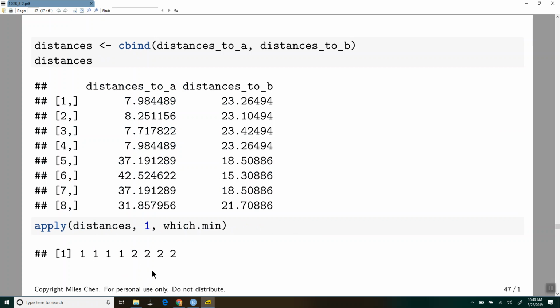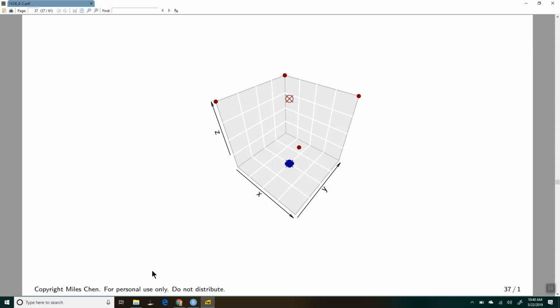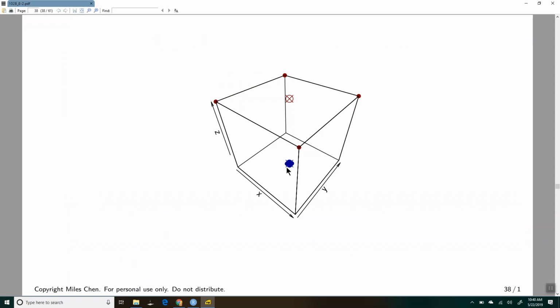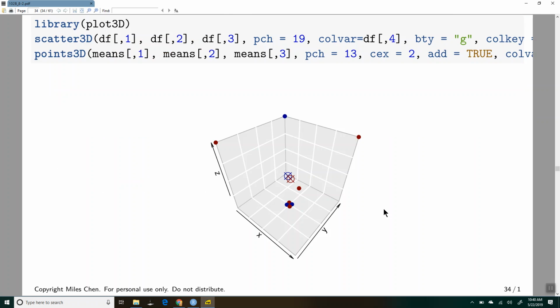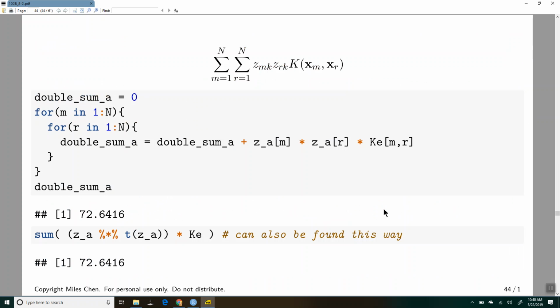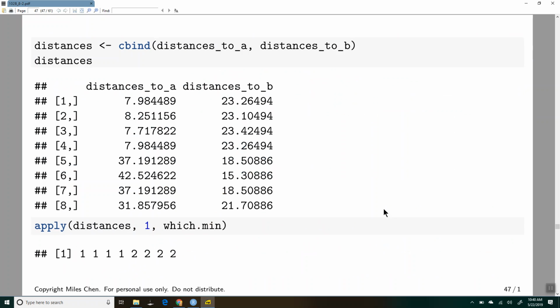And so we would cluster the 4 points in the middle together, and then we would cluster the 4 outer points together using this kernel function. Is that all right? That's at least conceptually what's happening, even though mechanically it's strange, right?